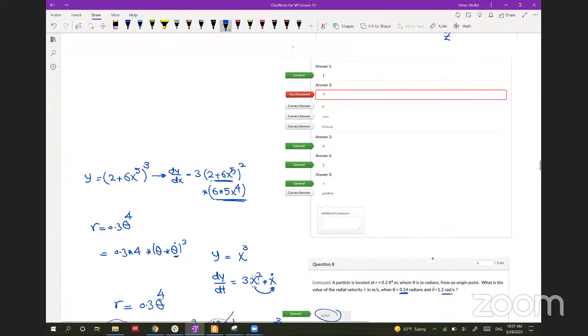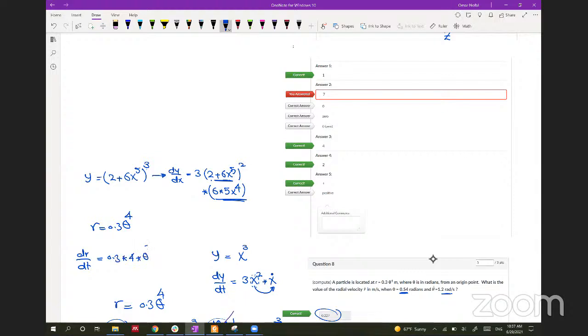This is what happened here. dr dt will be equal to 0.3 multiplied by 4 multiplied by theta cubed, and you get the derivative of just theta outside.